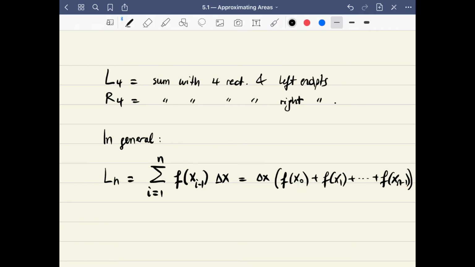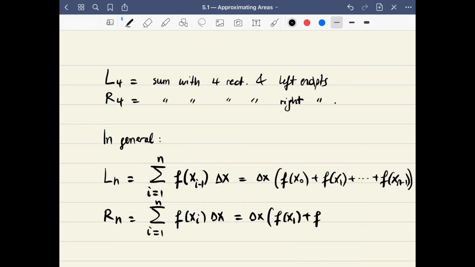If you do the right endpoints, then instead of having xi minus 1 here, we're going to have xi. So f of xi delta x. If you expand this, you have f of x1. So you start from 1.